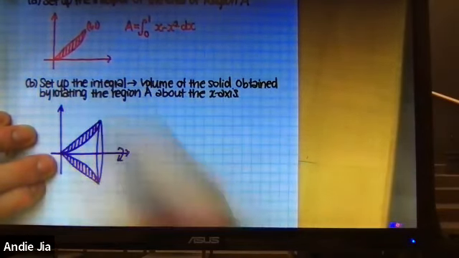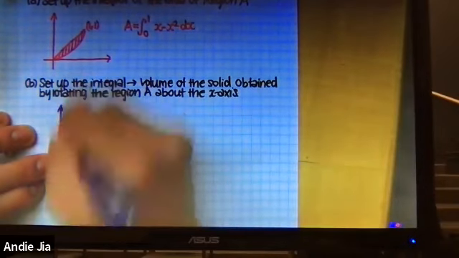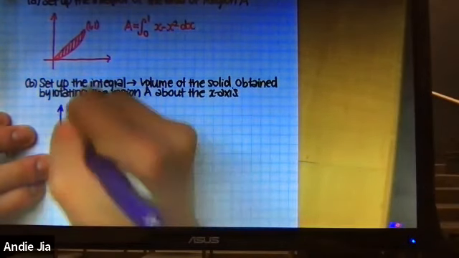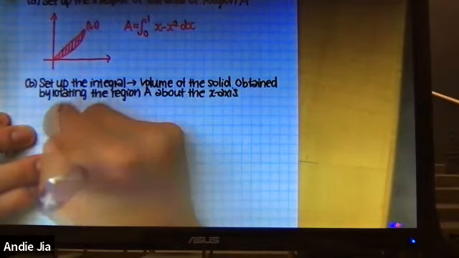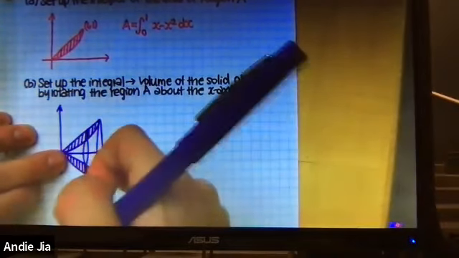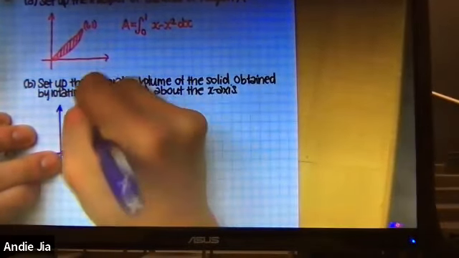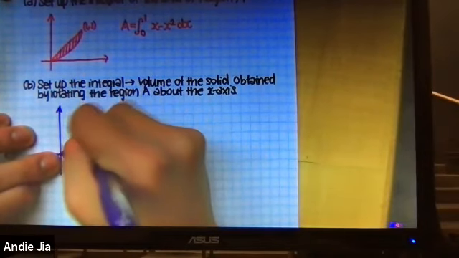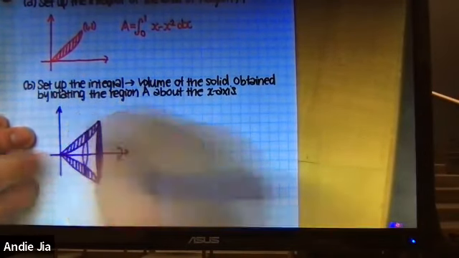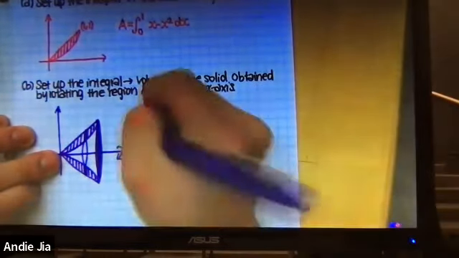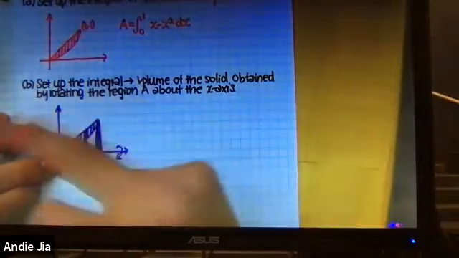Perhaps you take a slice, just this slice out of it. And it's a washer, right? Here you see it's like a washer. The volume in x is still from 0 to 1.